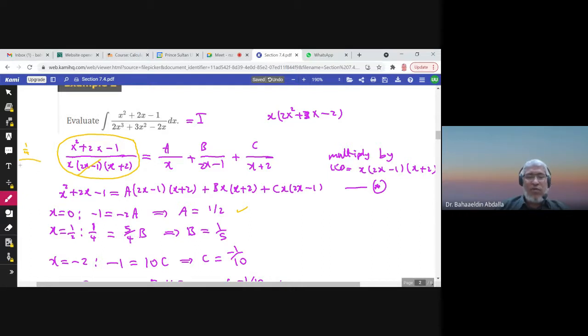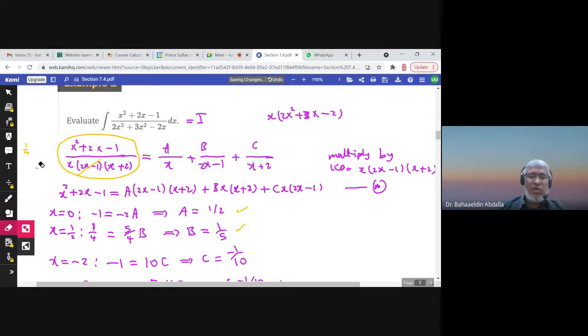And 1 over 4 over 1 over 2, I replace x by half: 1 over 2 times 2 plus 1 over 2, that's 5 over 2. If you use the calculator, 1 over 4 over 5 over 4, it would be 1 over 5. So b is 1 over 5, and we are able to find b quickly.